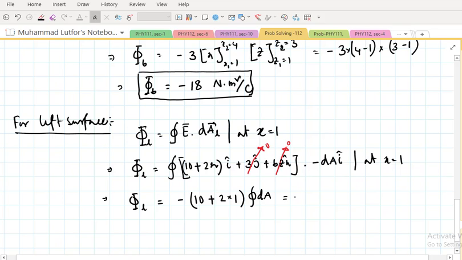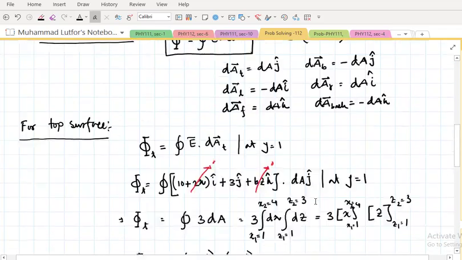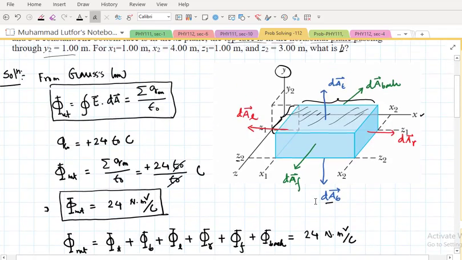Now I can modify, this one would be minus 12 into dA, so dA I can find for that left surface. I have to find out that area, one is basically that height, which is z1 to z2, and another would be that height, so y1 to y2. That means the two variables for that left surface are y and z.